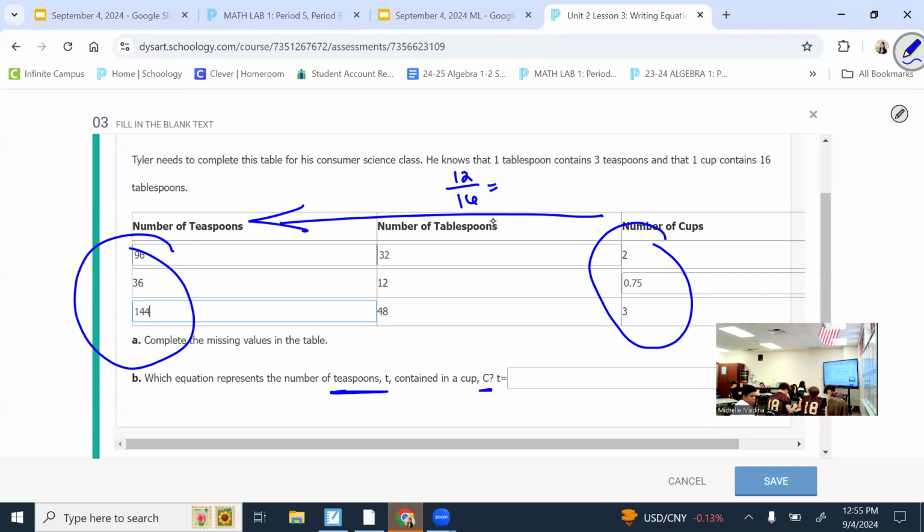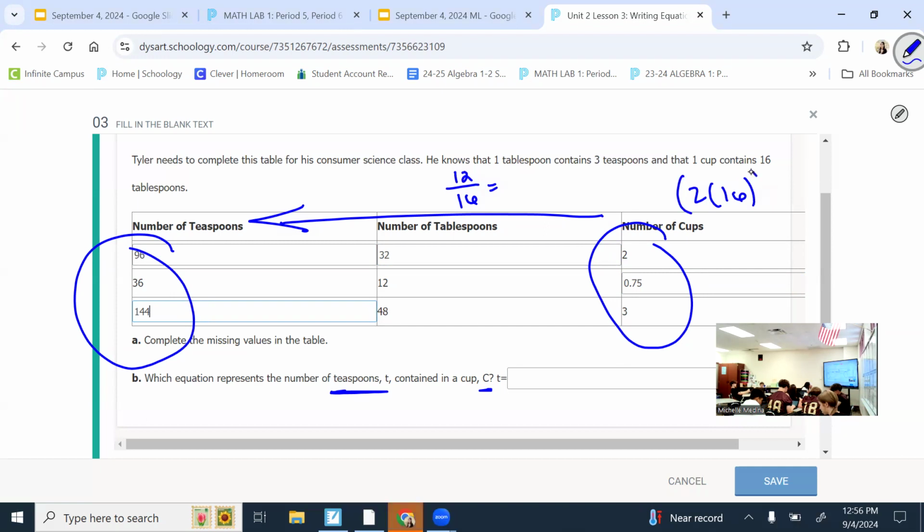What did I do to the 2 to get 32? What math did I do to the 2 to get 32? And then what did I do to that again to get 96, my answer for teaspoons?